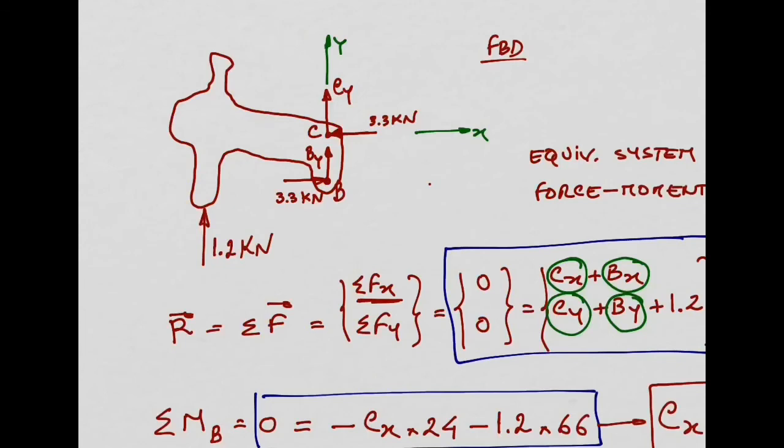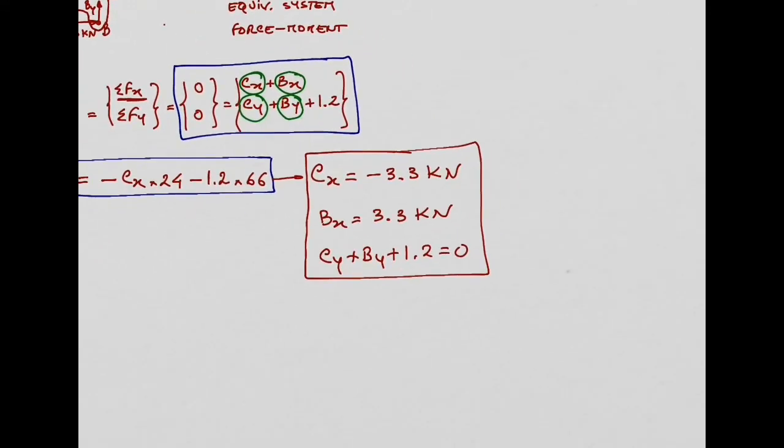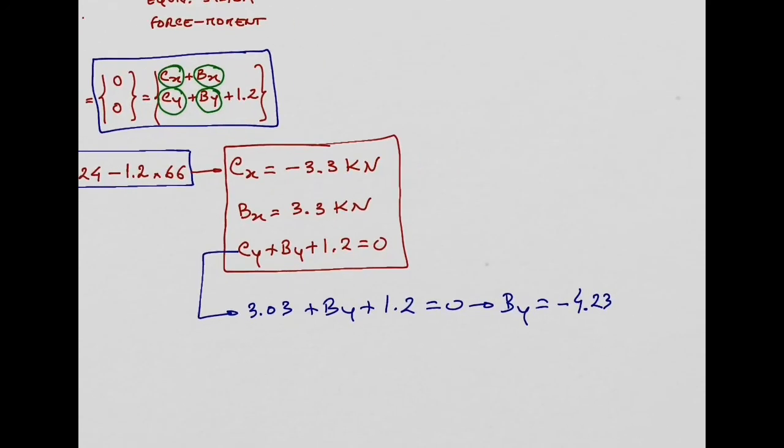If you replace Cy in this equation here, you get 3.03 plus By equal to 0, which gives By equal to minus 4.23 kilonewtons. All right, I lost you and I finished. So see you next week.